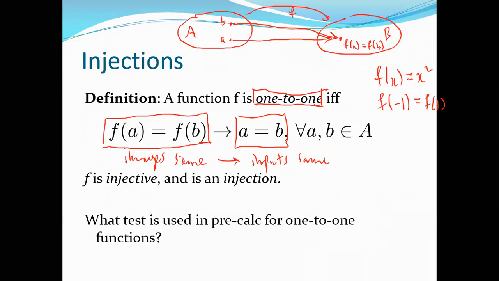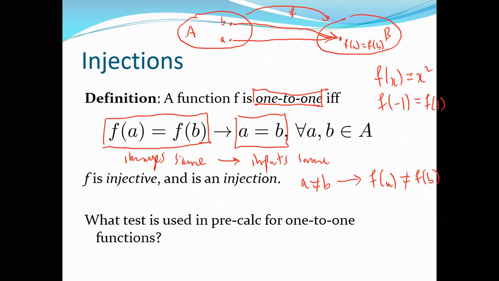So in other words, another way to say this, a logically equivalent way, would be to say that A different from B implies f of A is different from f of B. That's the contrapositive of the other thing, yes?